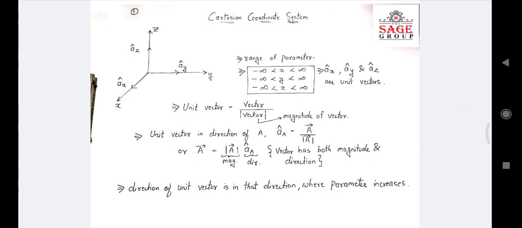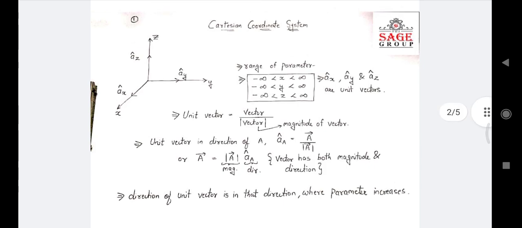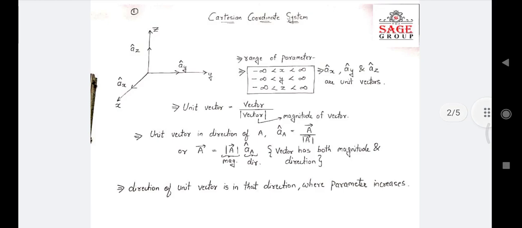How will we find the magnitude of any vector? It will be the root of 2 square plus 3 square plus 4 square. So you calculate the magnitude of that vector and divide by it. So I have defined the unit vector as the vector upon the magnitude of the vector.